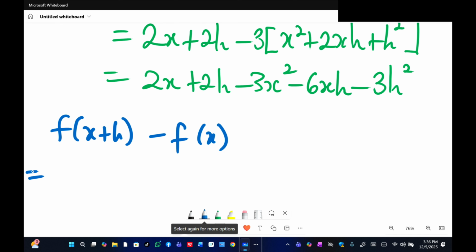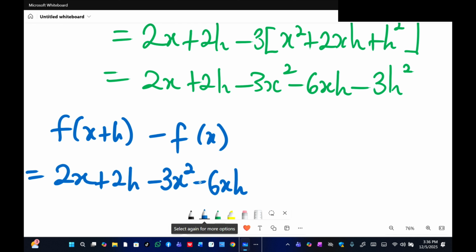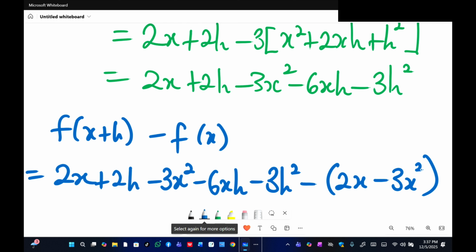Our f of x plus h is 2x plus 2h minus 3x squared minus 6xh minus 3h squared. All right. Minus the original function, which is the f of x. So we put it in bracket. We have 2x minus 3x squared. So let us simplify this one.